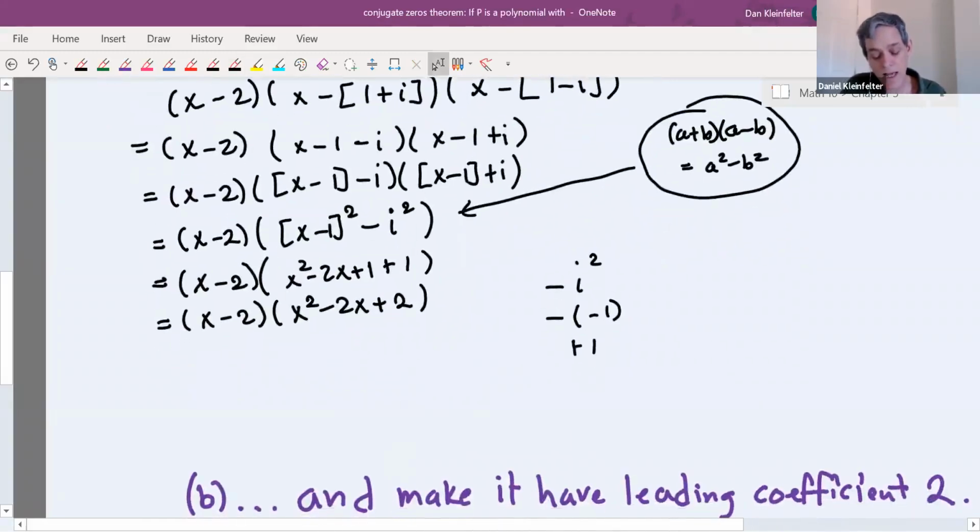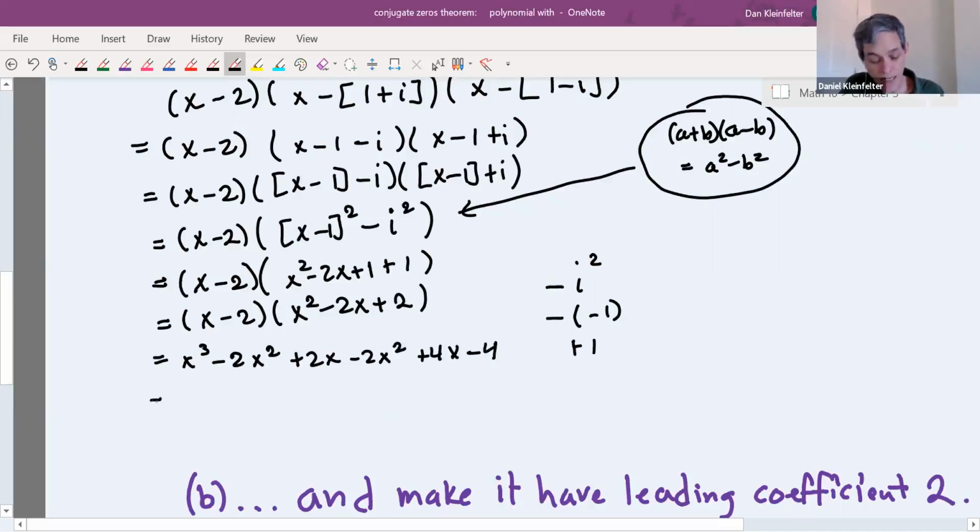So I'm going to go ahead and multiply this out the rest of the way just so that we have it. I'm going to do this using the distributive property. I'm going to multiply the x throughout and then the -2. So we'll have x times x squared is x cubed. We'll have minus 2x squared plus 2x. Now we're multiplying the -2. We'll have -2x squared plus 4x minus 4.